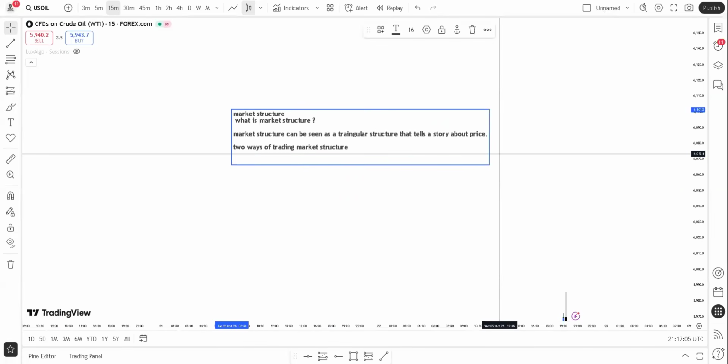The first way to trade market structure is the reversal, which is what's known as the MSS. Who knows the full meaning of MSS? Market structure shift.